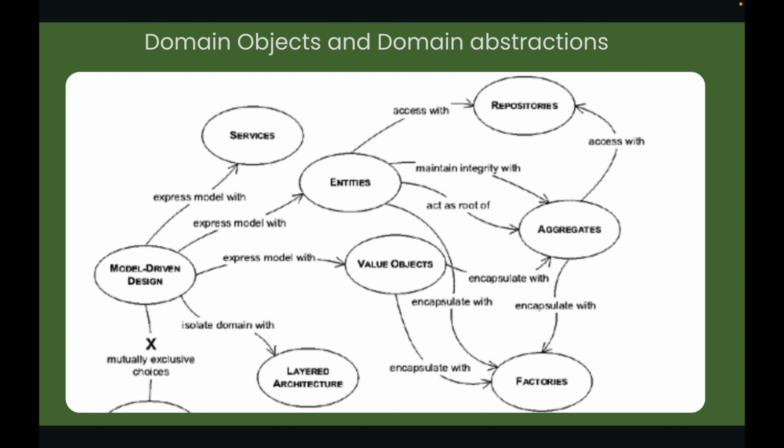What's another thing? Factories and entities. Factories encapsulate the creation of entities and aggregates. So as you can see, aggregates, entities, and value objects are all encapsulated using factories. Aggregates access with repositories. And that's it, actually.